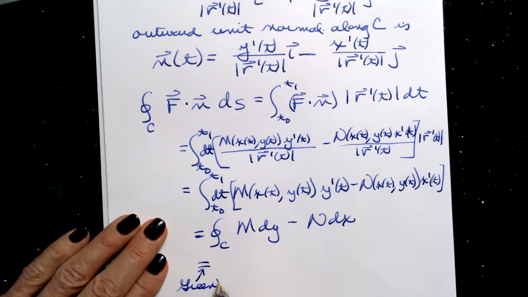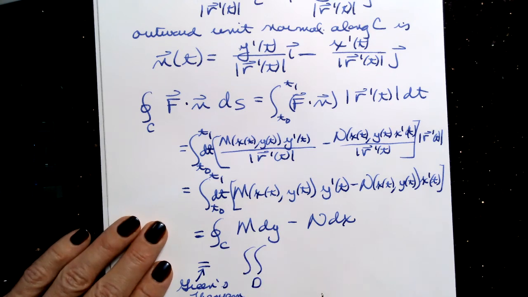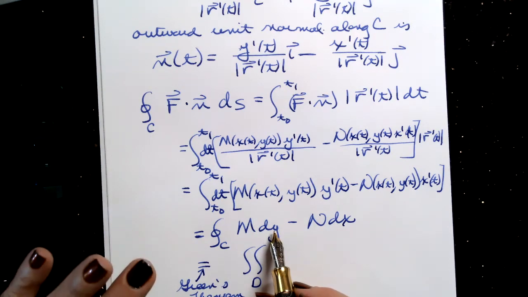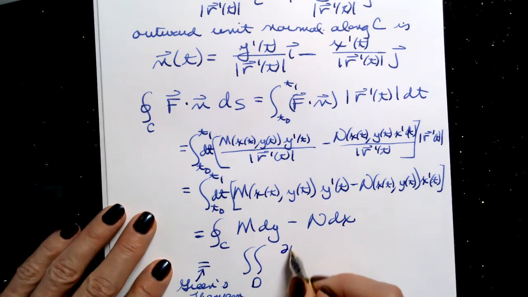So now we apply Green's theorem. And what did Green's theorem say to do? It says the line integral gets replaced by the integral over the area that it encloses of: you look at the coefficient of dy and you differentiate that with respect to x.